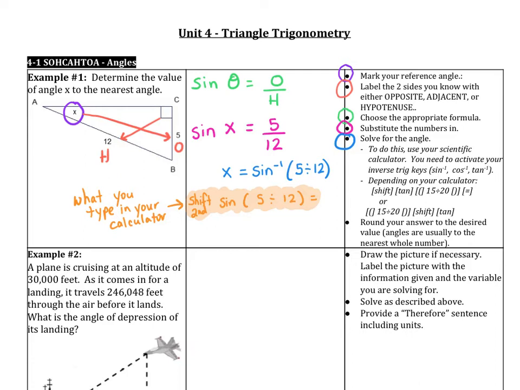And then some calculators have the shift or second sine come after this. So if you try this in your calculator and you get an error, then switch these around.